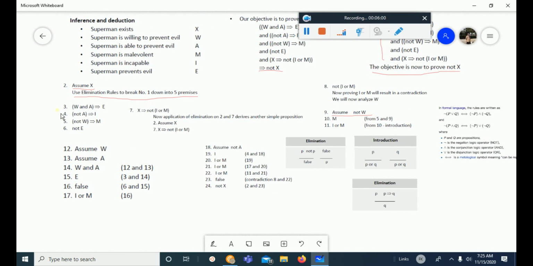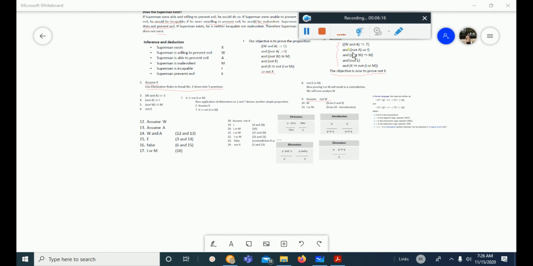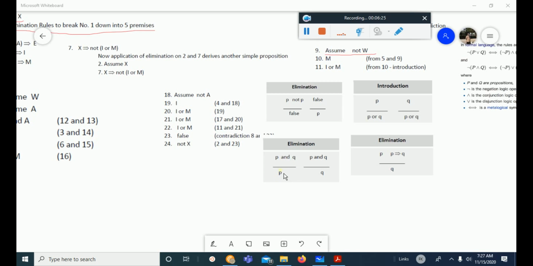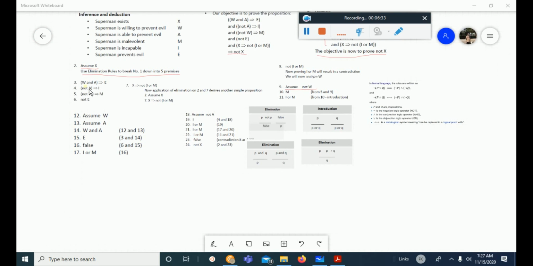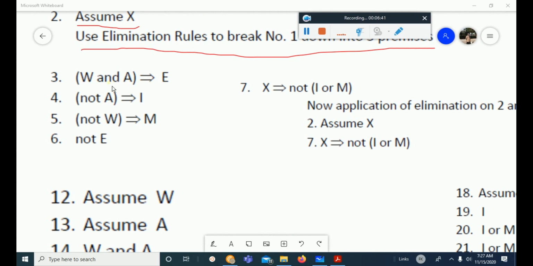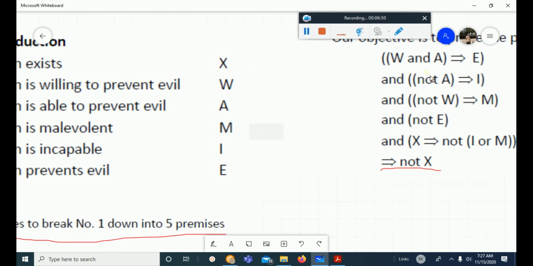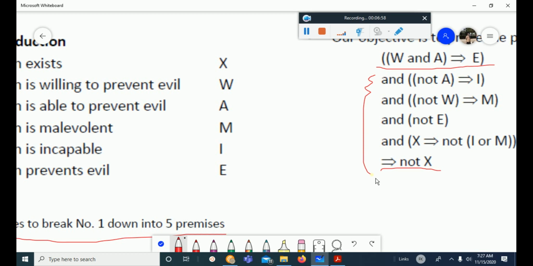Because we have to break down using an AND elimination rule, if we have P and Q, then we can eliminate either Q or P. So if we look at this, W and A implies E, we only consider this statement, and all these statements are connected by AND.